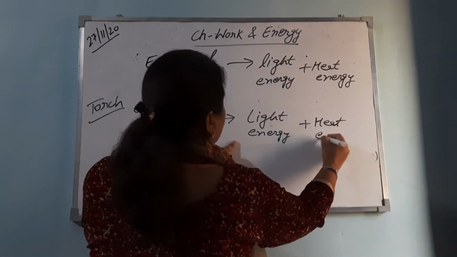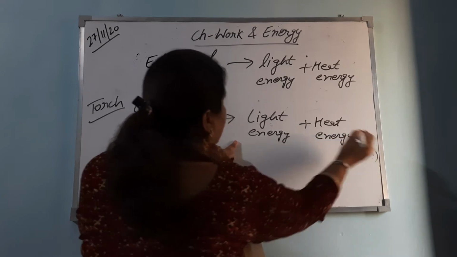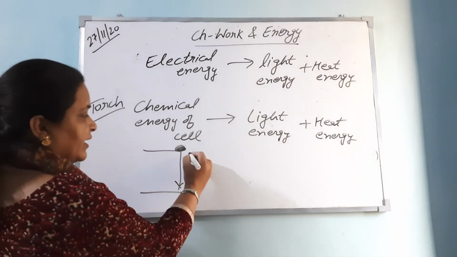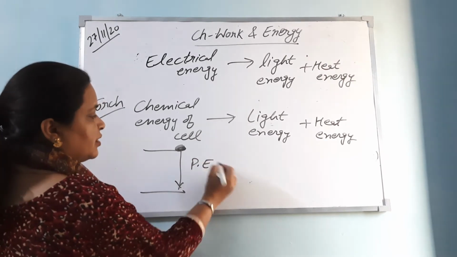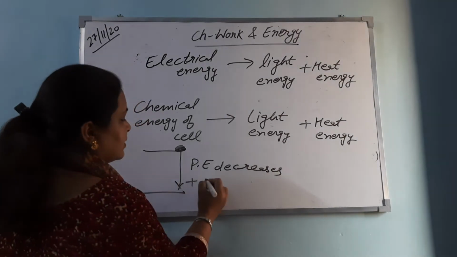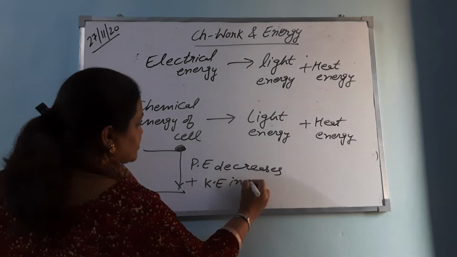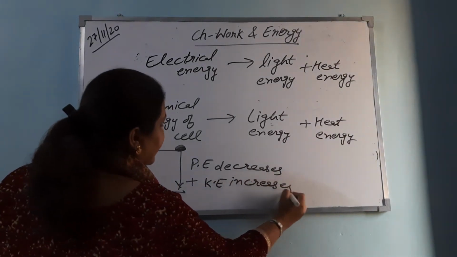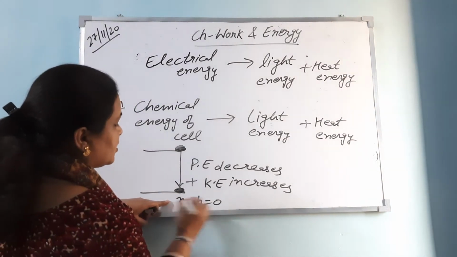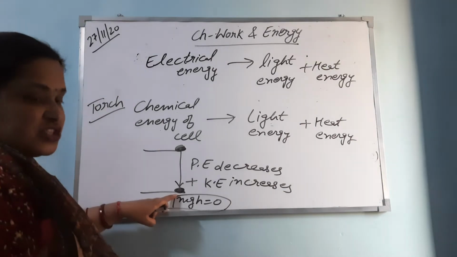Similarly, when you allow a body to fall from top to bottom, its potential energy decreases plus kinetic energy increases. When it reaches the bottom, potential energy becomes 0. Why is the potential energy 0?